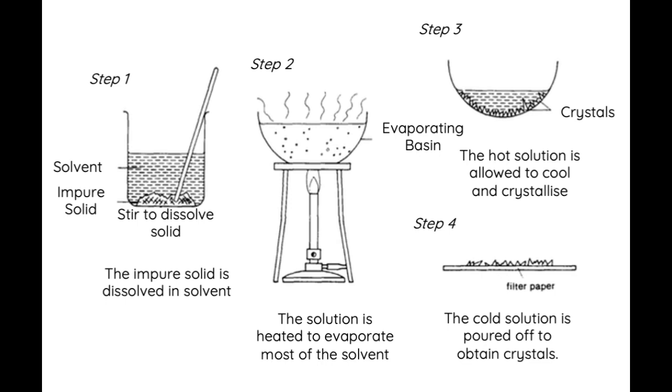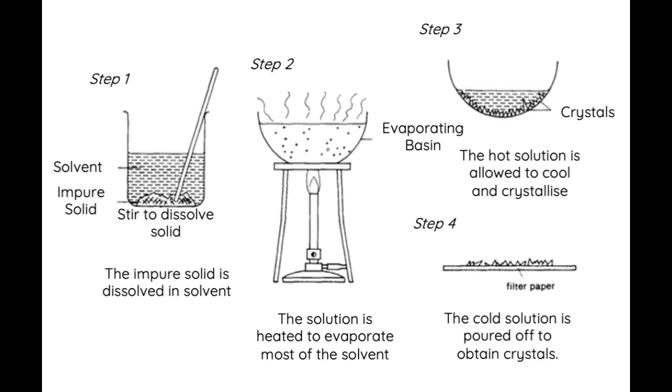If you are doing it for the second time on the impure solid, then that is recrystallization. Now, in summary, crystallization involves heating to concentrate the solution, then cooling, and then obtaining the crystals. All right, so crystallization is driven by separation by solubility.